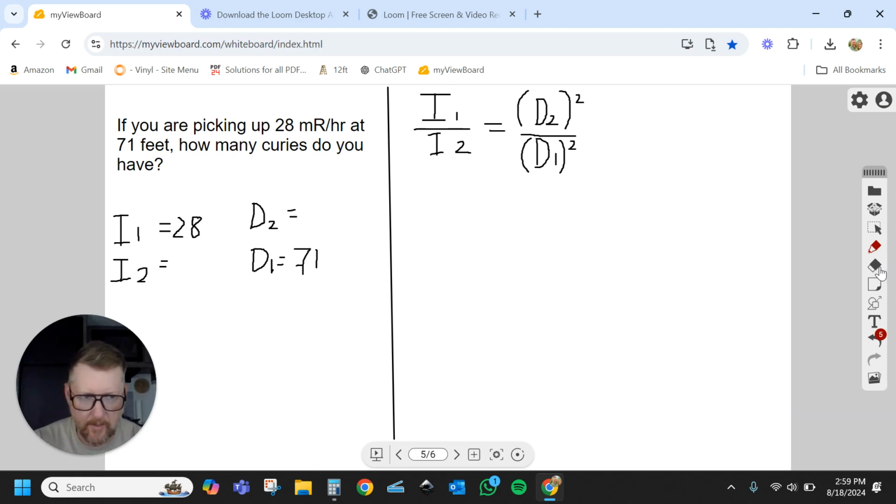It's always going to be intensity 1 where you get your Curies. So we're going to have to rethink this. Picking up 28 MR at 71 feet, that means this is 28 MR, 71 feet. We know we need to figure out what our Curies are, times 5200.